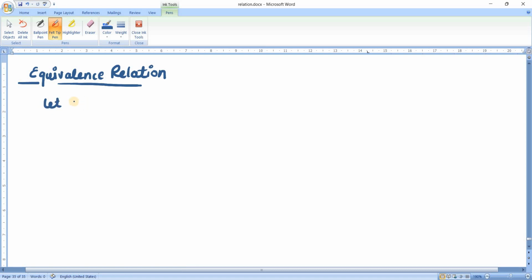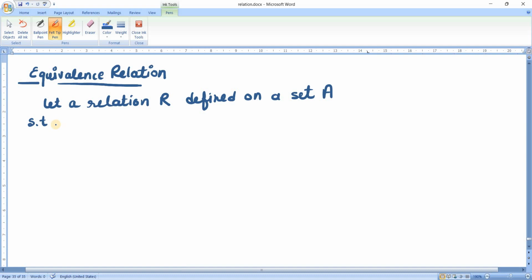Let a relation R be defined on a set A such that it follows the following three properties.